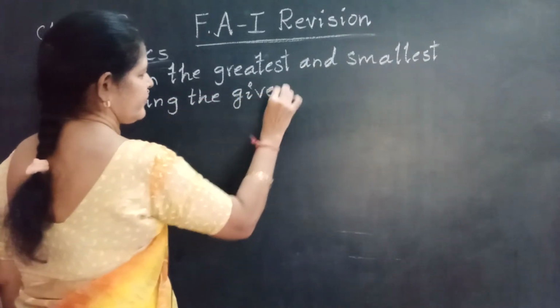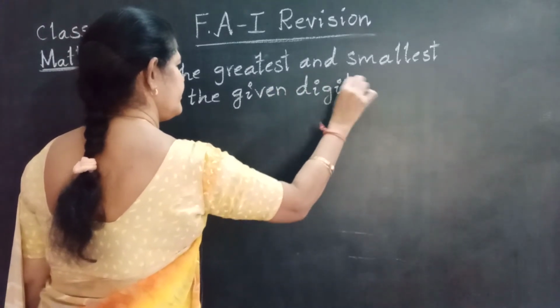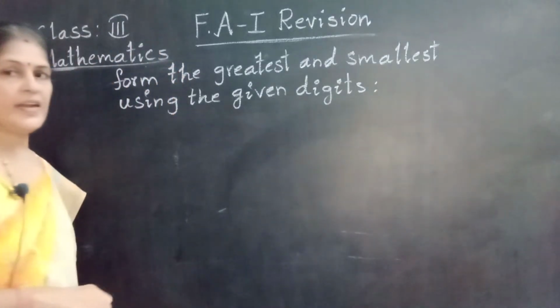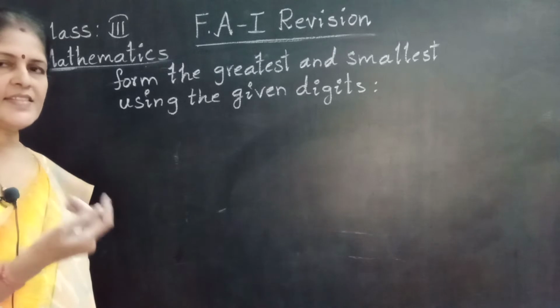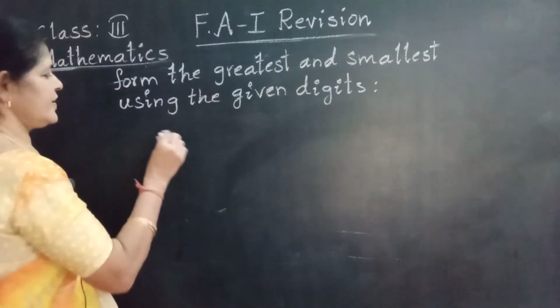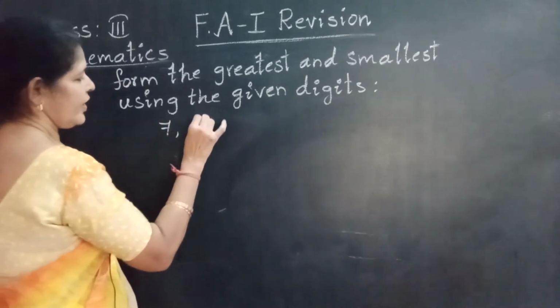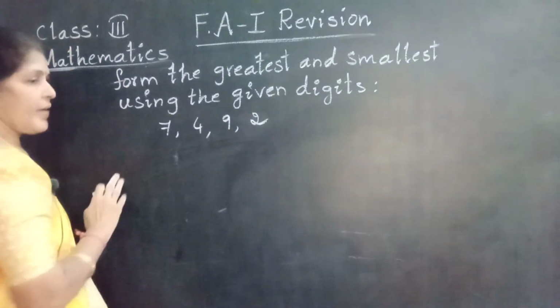Very easy. How do you get the greatest number? Arrange the given digits in descending order. If you arrange the given digits in ascending order, that is the smallest. Given digits 7, 4, 9, 2. These are the separate digits.